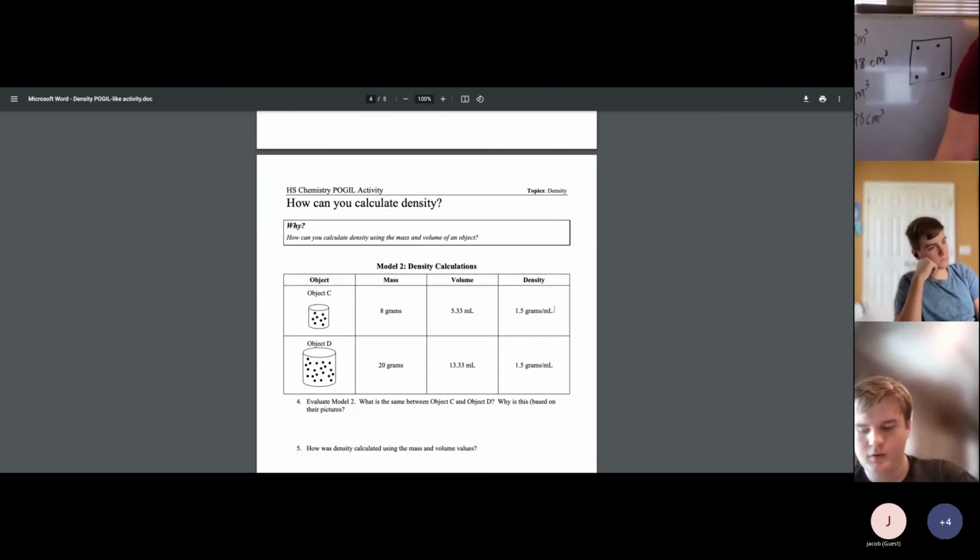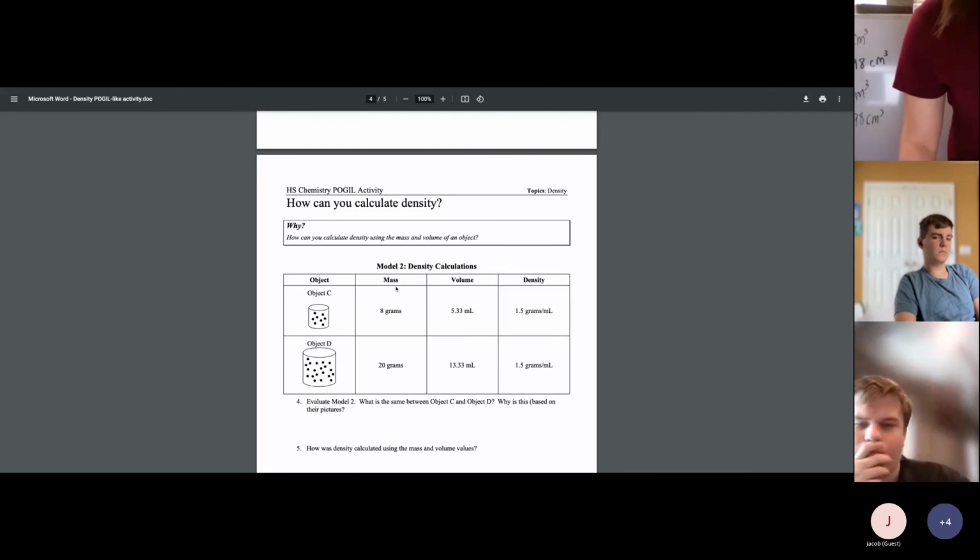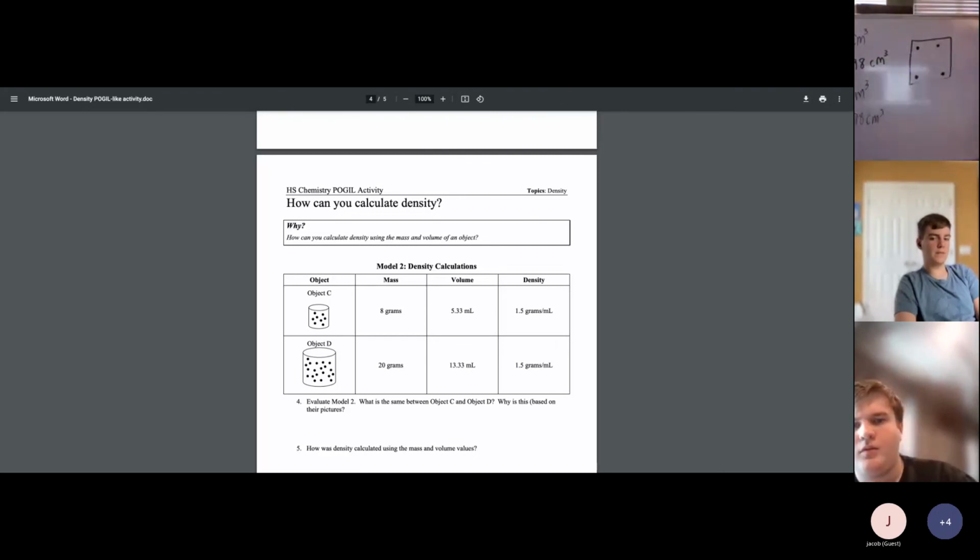What did they do with their mass and their volume to get this density? How do they manipulate these numbers to come up with a unit that has a gram on the top and a milliliter on the bottom? They divided it. Yes, they divided it.